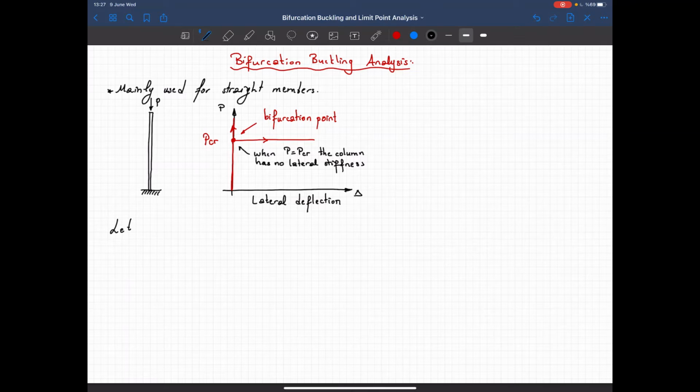Now let P be equal to lambda times P applied. And as the name implies, this is the applied axial load on your column.